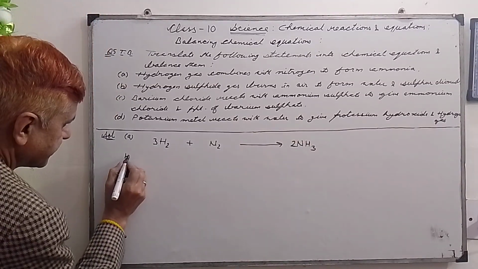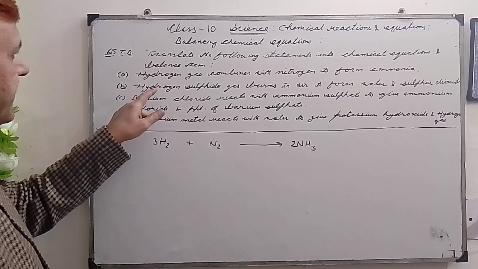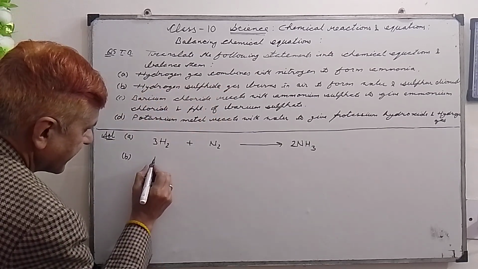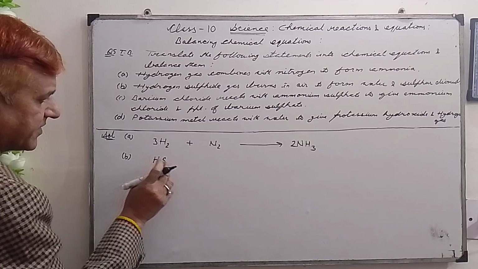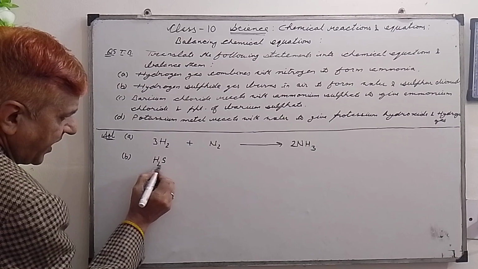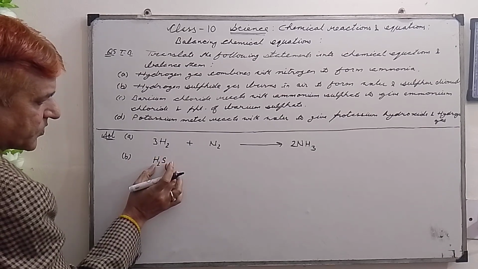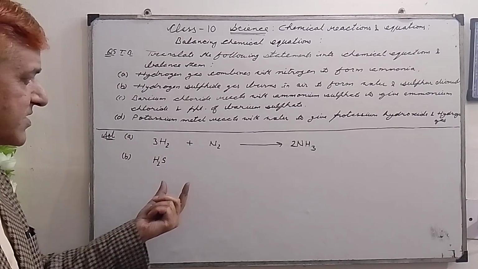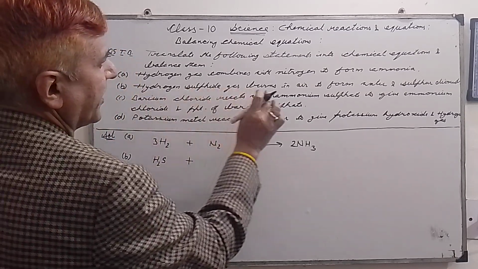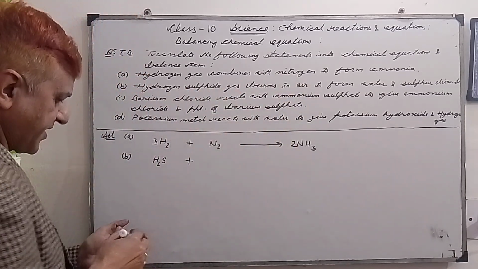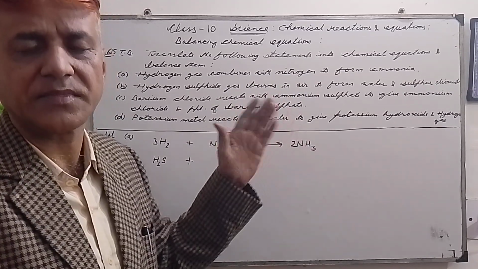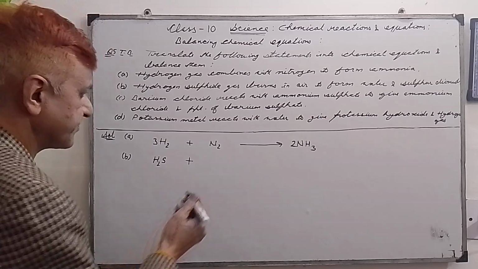Then B part, hydrogen sulfide gas, H2S. The valency of sulfur is 2 and the valency of hydrogen is 1, so H2S by exchange of valencies, plus burns in air. I have already told you that burning means reaction with oxygen.